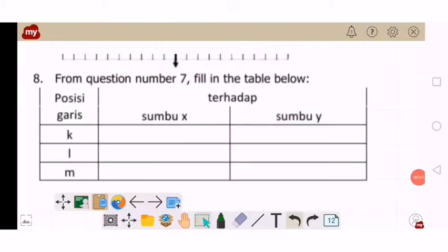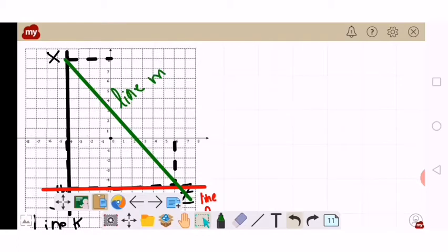Okay, now we move to question number 8. From question number 7, fill in the table below. Posisi garis K, L, M terhadap sumbu X dan sumbu Y. Let's check the line that we drew before. It's here for question number 7.